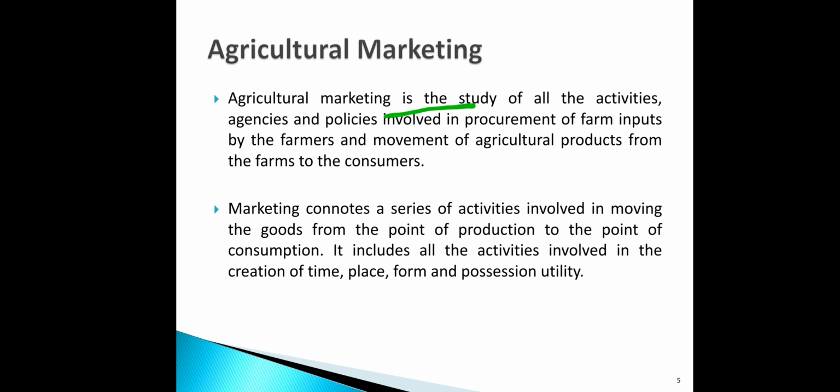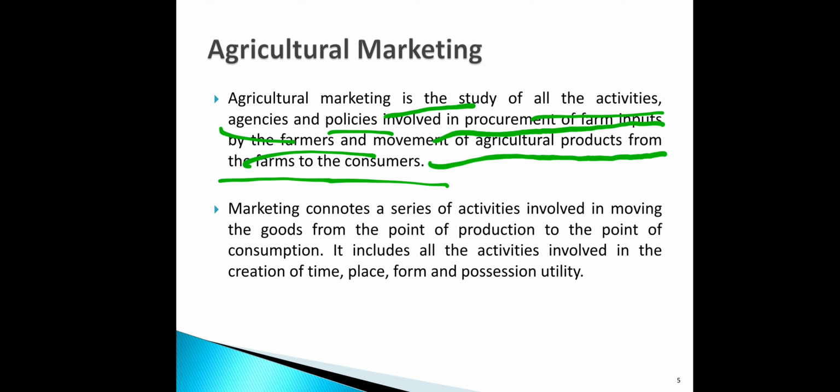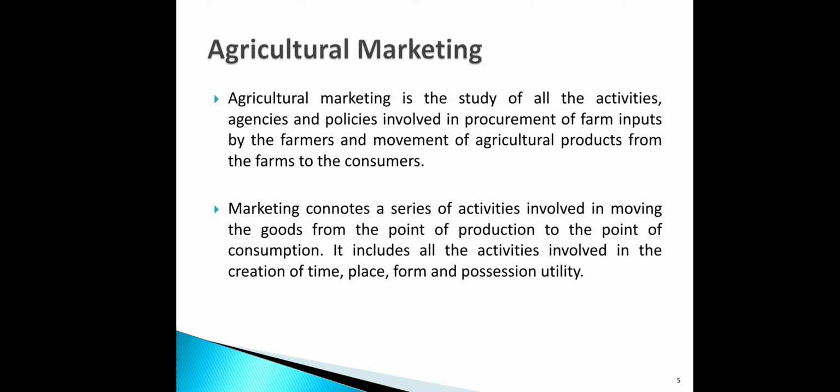So now agricultural marketing is the study of all the activities, agencies and policies involved in the procurement of farm inputs by the farmers and the movement of agricultural products from the farms to the consumers. So here agricultural marketing means not only the selling of the farmer's product, but it includes two sides. As we discussed in the first lecture, agricultural marketing includes two sides.